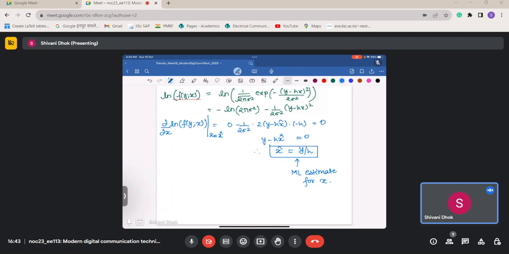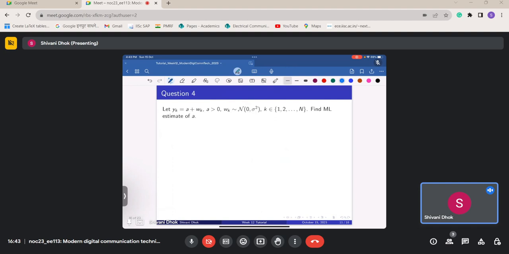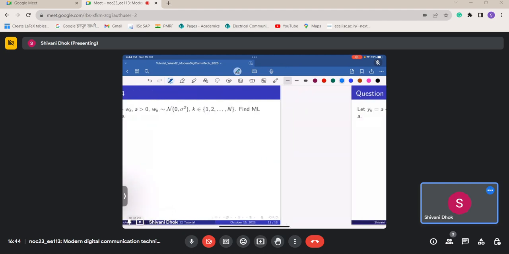Okay, if there are no questions, then let's go ahead with the next thing. Here we have: let yk equal a plus wk, and a is greater than 0, it's given, and wk is Gaussian with 0 mean and sigma square variance for all k ranging from 1 to capital N, and we need to find the ML estimate of a. So we need to repeat a similar procedure.